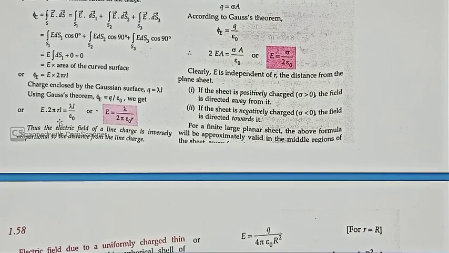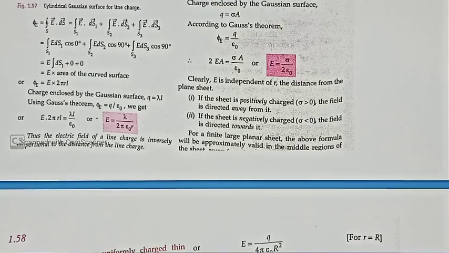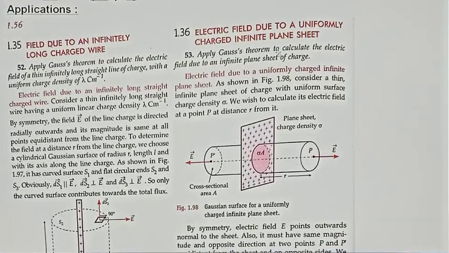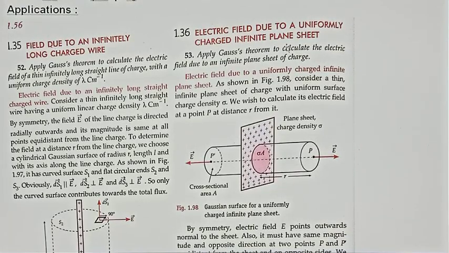So we are introducing lambda in this expression, and the final expression appears to be like this: E is equal to lambda by 2 pi epsilon naught r. So E is proportional to 1 by r. Let us see the second application, that is to calculate the electric field due to a uniformly charged infinite plane sheet.